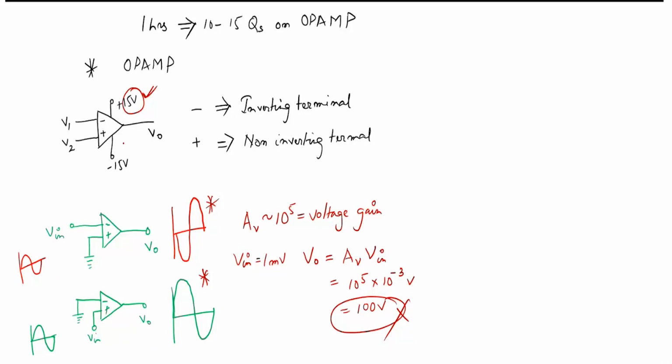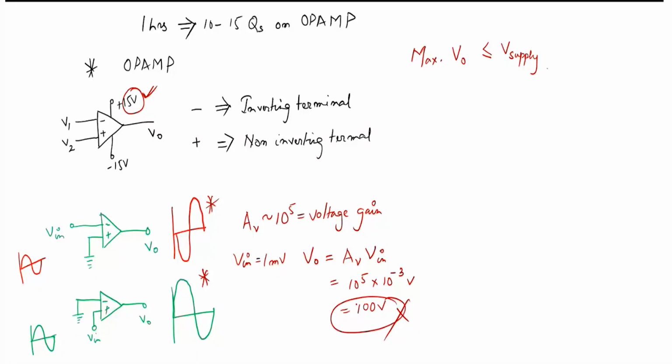The output cannot exceed the supply voltage. Yes, sir. There is one GATE question where they have asked this, because if you calculate like this, it is exceeding. So the maximum output cannot be more than the supply voltage.